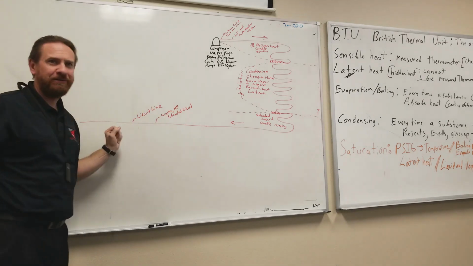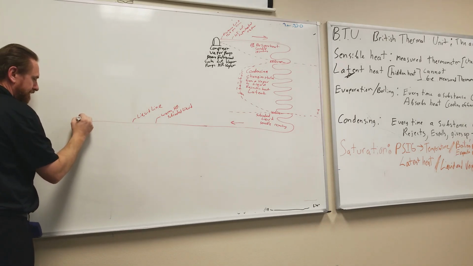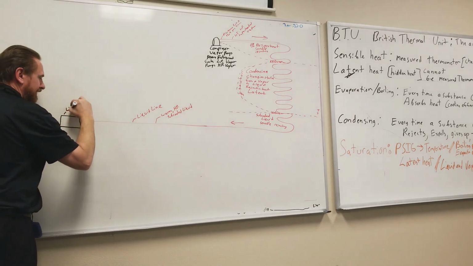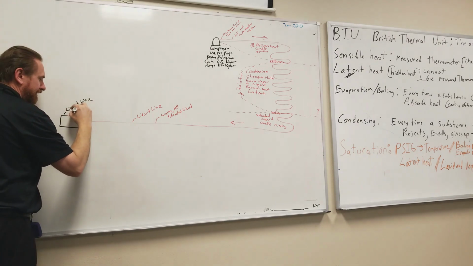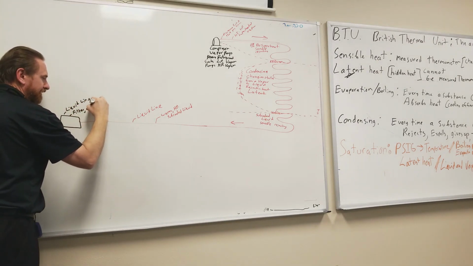How much of it's liquid? 100% liquid. All right, what's an accessory that we go into? Yes, the liquid line filter dryer. It filters, and it also dries.